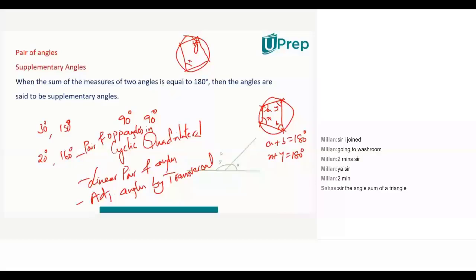Sir, what is a cyclic quadrilateral? Which is inside the circle, which is completely inscribed in a circle. That means you take a circle, join any 4 points. A quadrilateral inside a circle is called a cyclic quadrilateral.